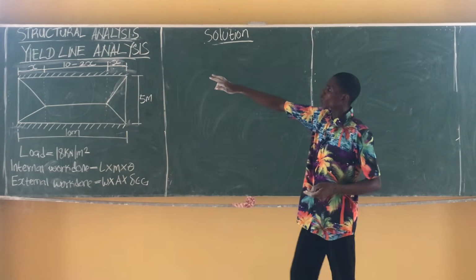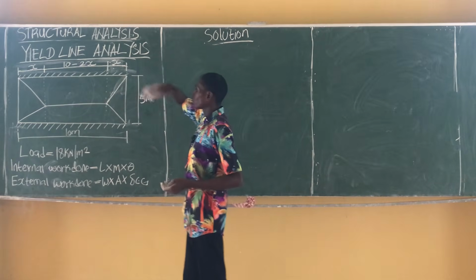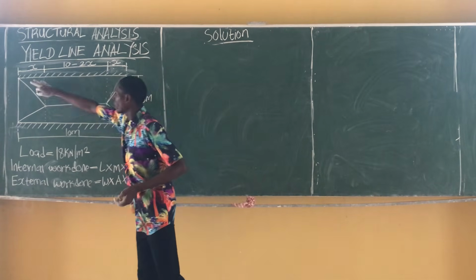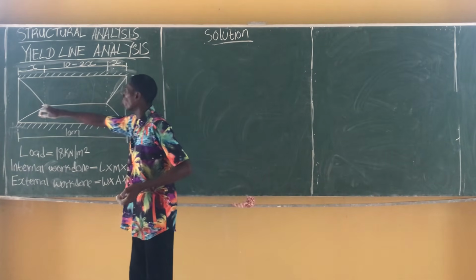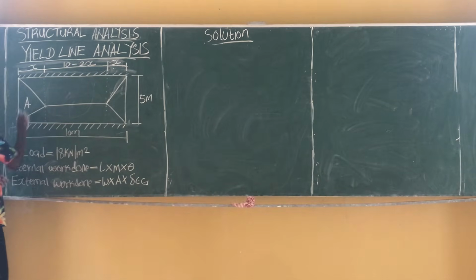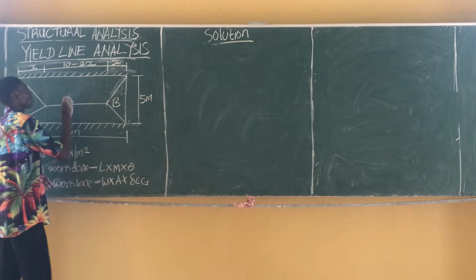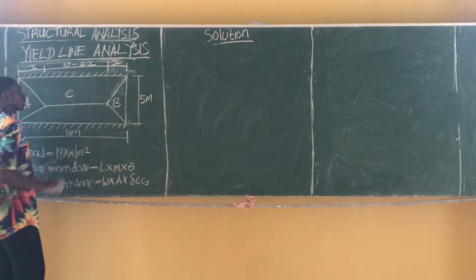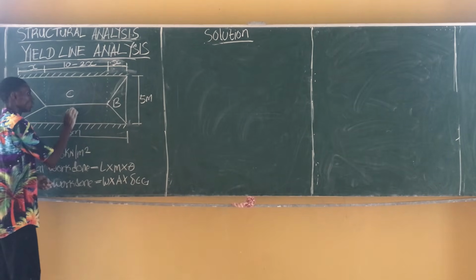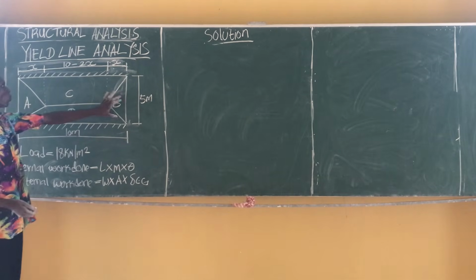Whenever we want to analyze a slab using the plastic analysis, the slab is divided into segments, which has already been done. So let's call this segment A, let's call this B, let's call this C, and let's call this D, of which we know that segment A and segment B are equal.